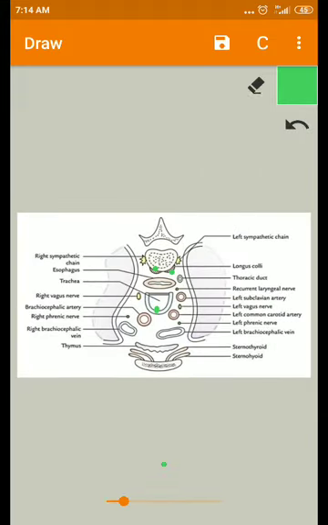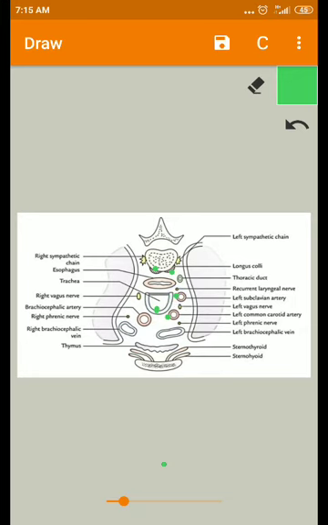Okay, and I have told that the arch of aorta and its branches. Here we can't see the arch of aorta, but the branches of the aorta we can see here. One is the right brachiocephalic artery on the right side, and the left common carotid artery and left subclavian artery we can see here.